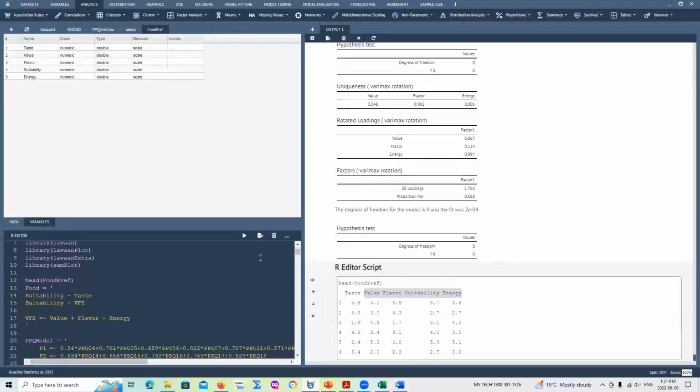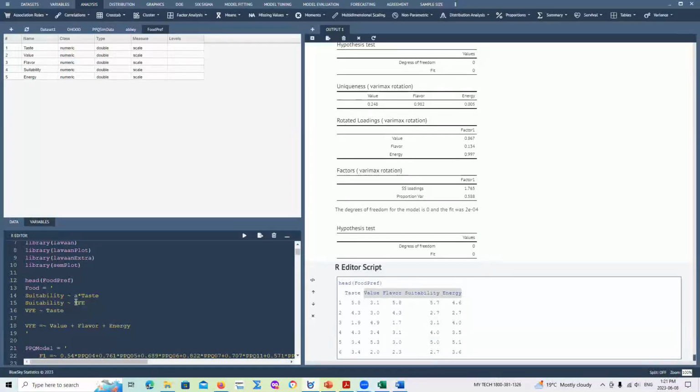So if I do that, okay, I also wanted to look at this one on taste because I want it to be a mediator. Value, flavor, energy on taste, because this is what really makes sense. And we can even put here A times this.